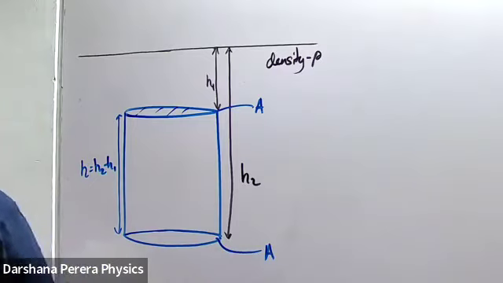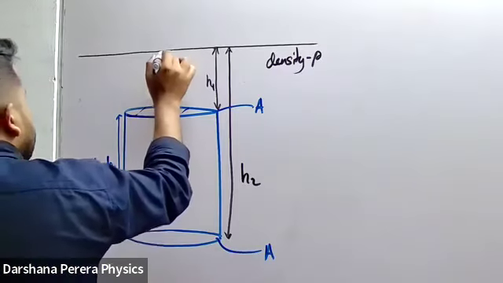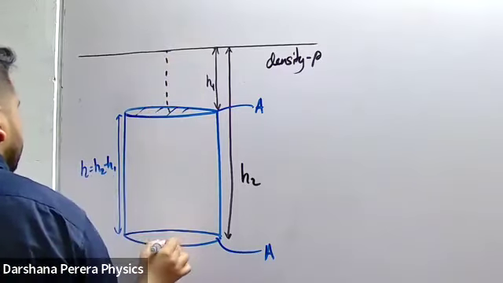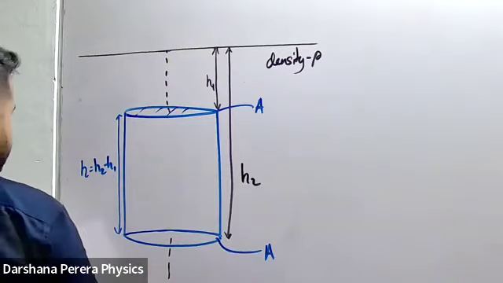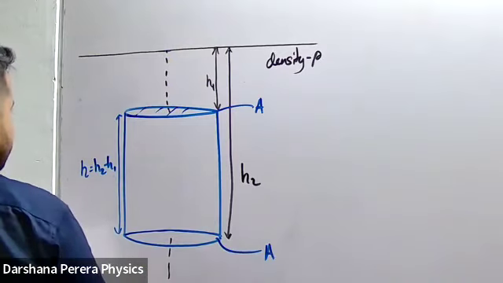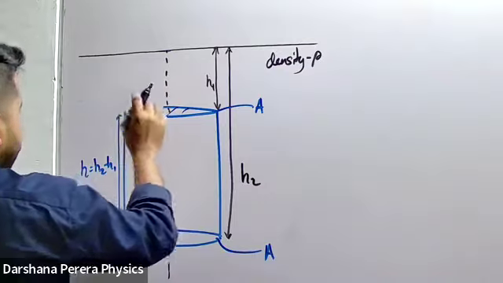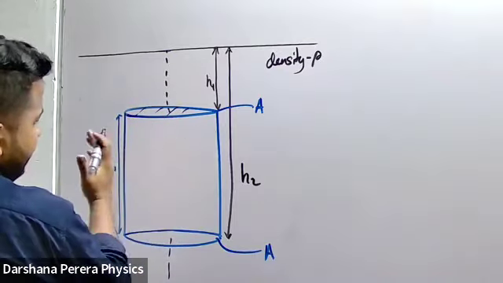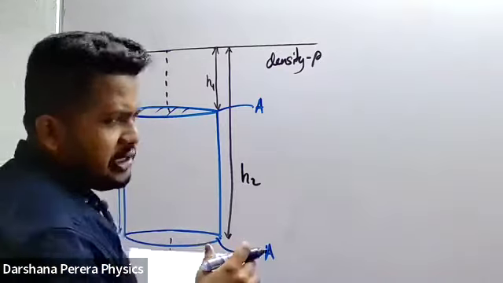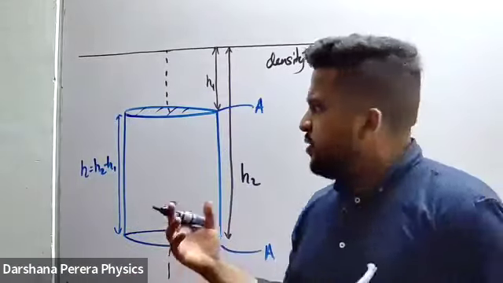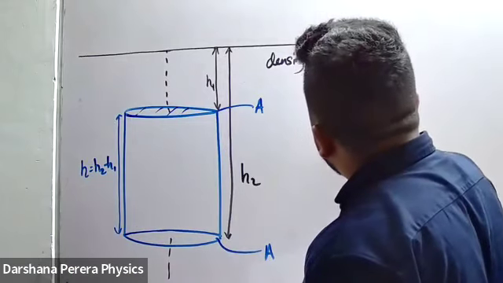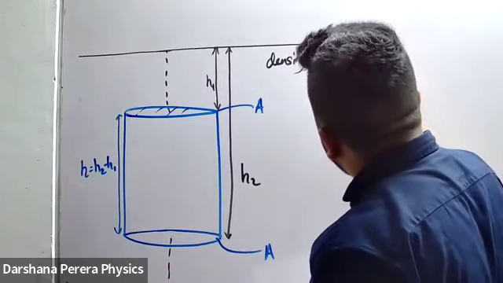Okay, so this is the axis normal to it, like this. What is the pressure acting everywhere? The pressure acts perpendicular to the object, as we discussed previously. When an object is completely submerged, the force acts everywhere.